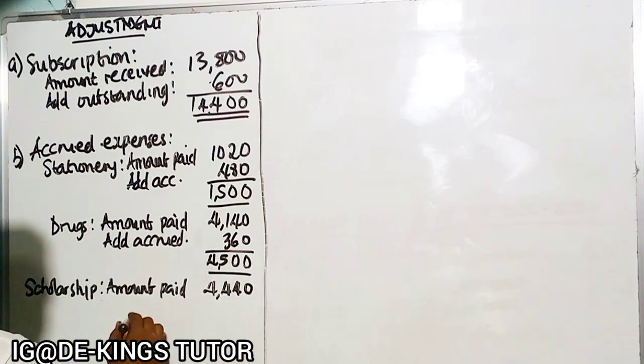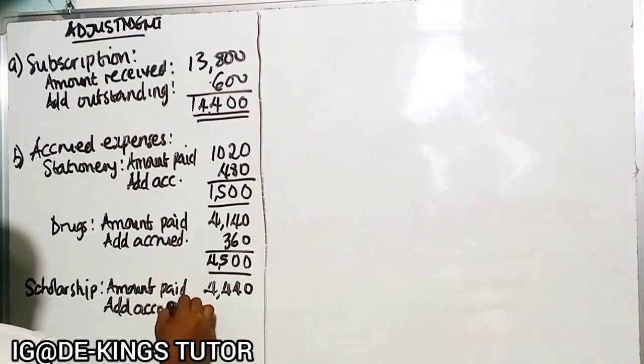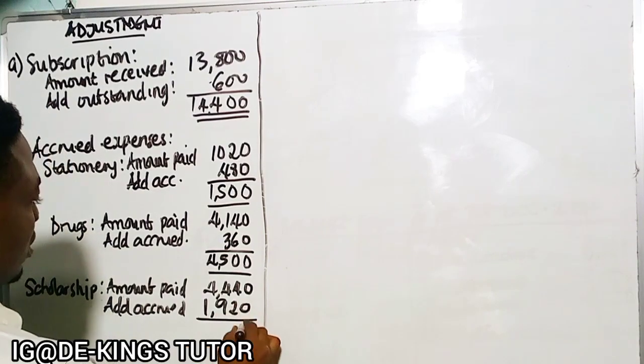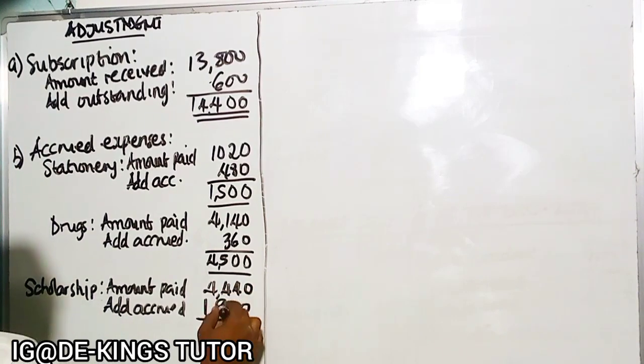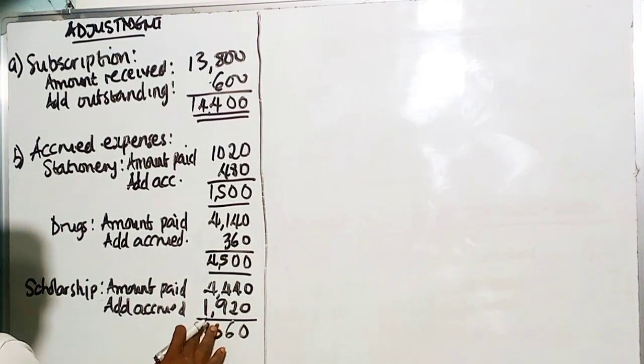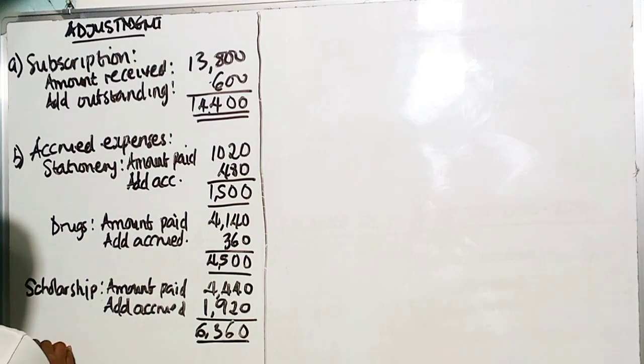If you add accrued in additional information, which is 1,920, so this is 0, this is 4 plus 2 is 6, this is 13, and this is 6. That's 6,360. Okay.